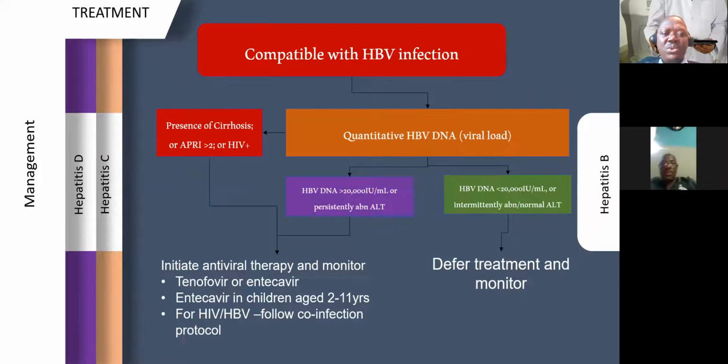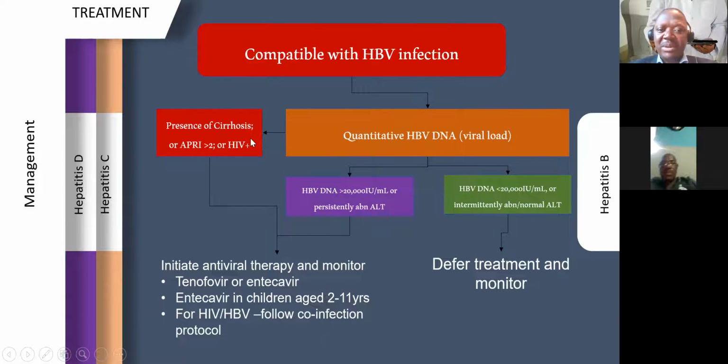Right, so how do you go about the specific treatments for these patients? Eligibility for treatment is defined when you have a quantitative viral load, in an ideal situation, okay? On the other end, if you don't have the quantitative viral load testing, you are able to find that the patient has cirrhosis by imaging.